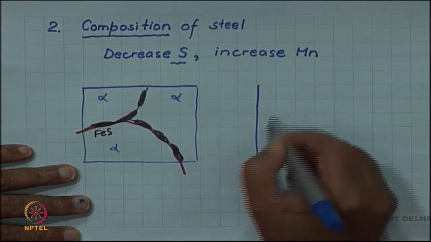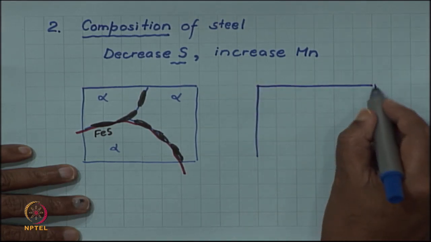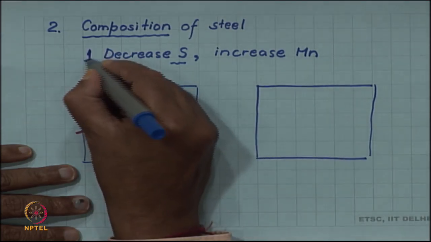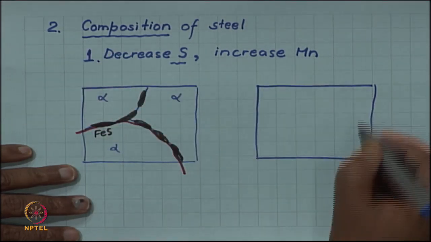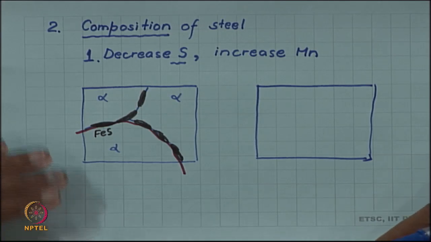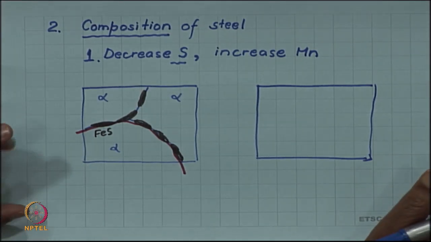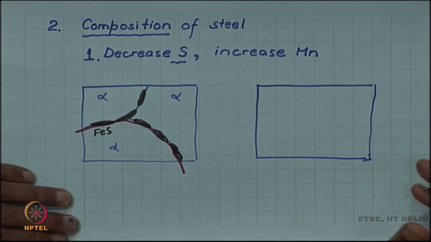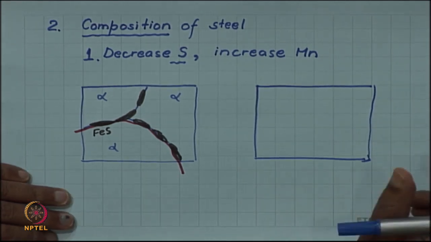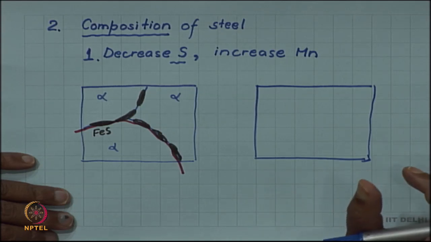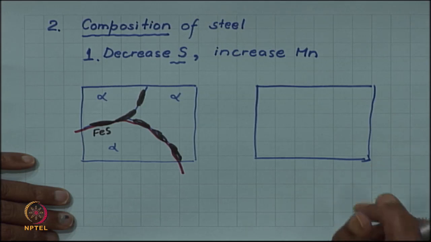The way to avoid this in steel is to first use low sulfur. Modern steels have much less sulfur than, say, older steels. One of the reasons people are considering for the failure of the Titanic was the very high sulfur content of the steel of which the Titanic was made.